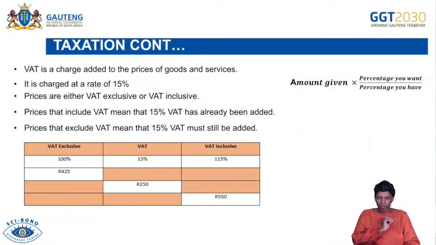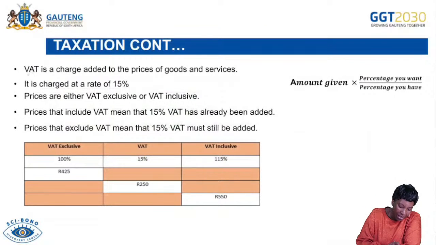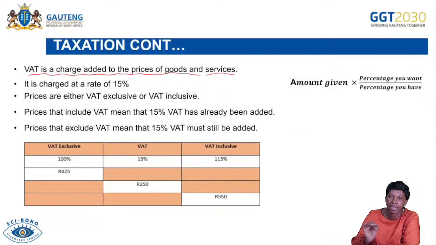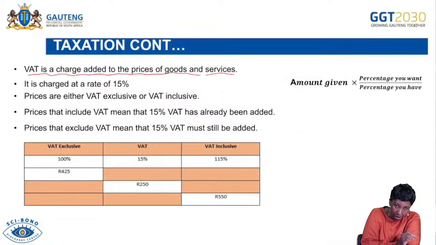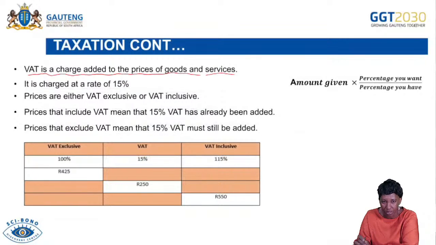Boys and girls, now coming to VAT. Remember, we said VAT is a charge added to the price of goods and services in the country. Everything that we buy is either VAT inclusive or VAT exclusive.